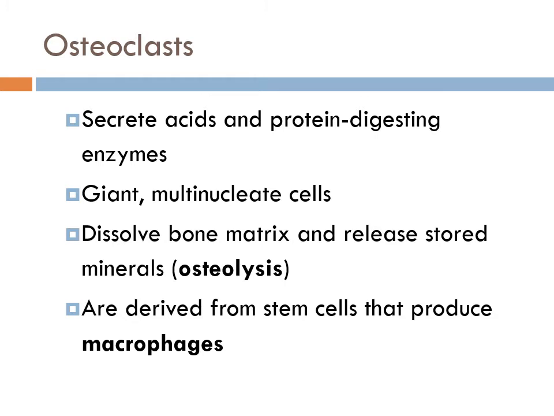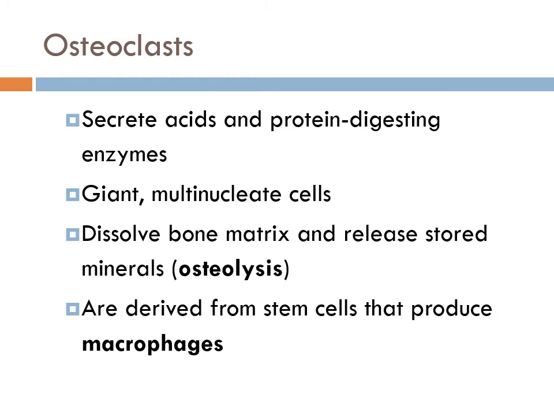Osteoclasts are those giant multinucleate cells. They secrete acids and protein digesting enzymes, and those acids and enzymes break down the bony matrix. And so it can release stored minerals. So if you have low blood calcium, you can break down some of your bone and release calcium out into the system and therefore increase your blood calcium again.